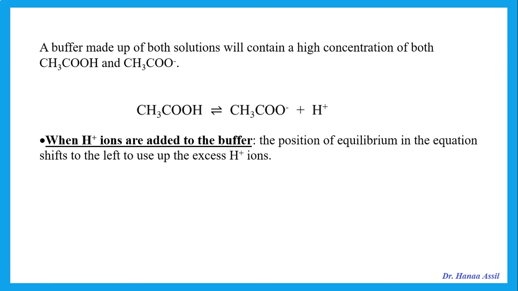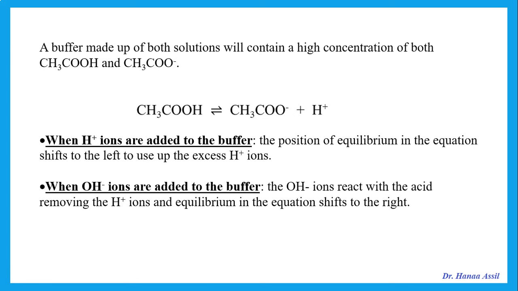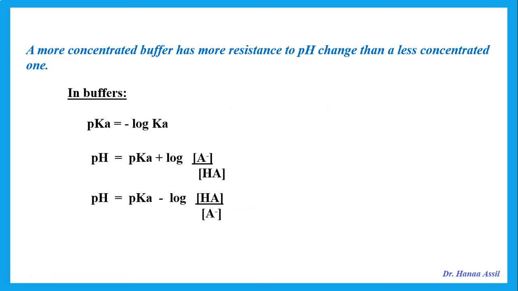That means the equilibrium will move to the left to use up the excess H+ ions. If we add a small amount of base, OH- ions, it will react with the H+. So it is as if it's removing the H+ from the mixture, so some of the ethanoic acid will dissociate and the point of equilibrium goes forward to form more H+.